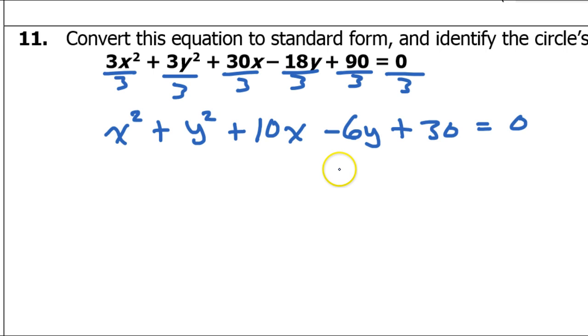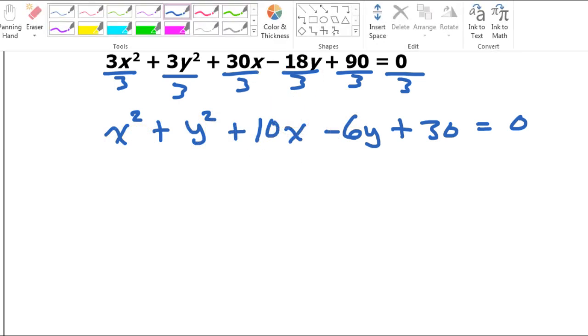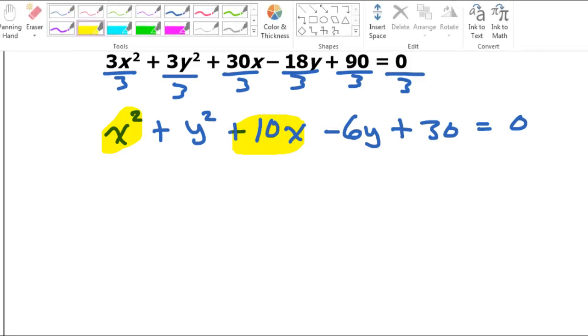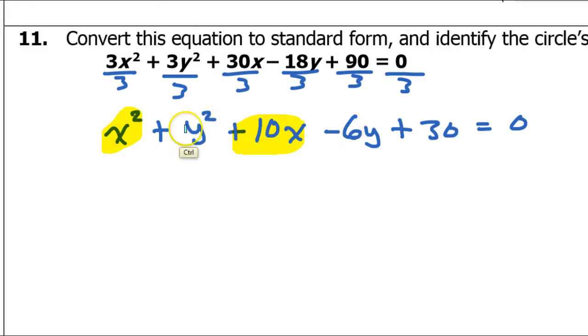So now I need to go through this thing, and as I mentioned before, the x terms need to be written side by side. So I'm going to write this and this next to each other. Now this time I have more than one y term as well. So I'm going to have to write these side by side.